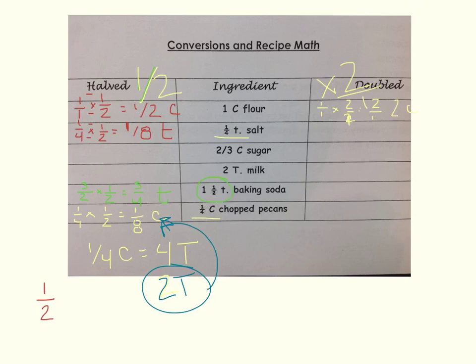We'll switch colors here for you. It's going to be kind of hard to see, but 1/4 times 2/1 equals 2/4. That can be reduced because it's both evens, so we get 1/2 teaspoon. We get half a teaspoon. We'll go back to yellow.